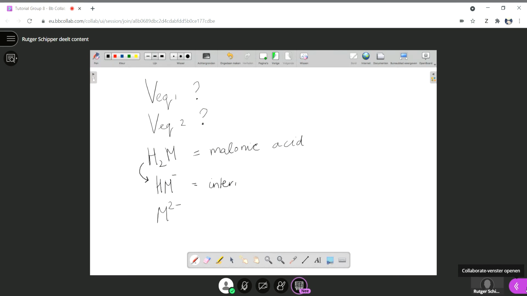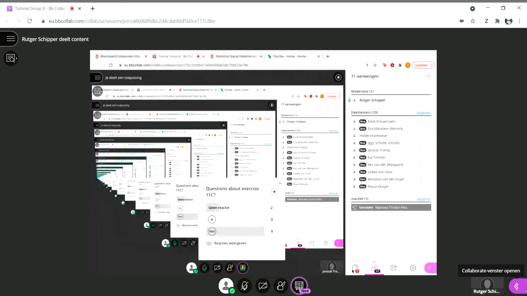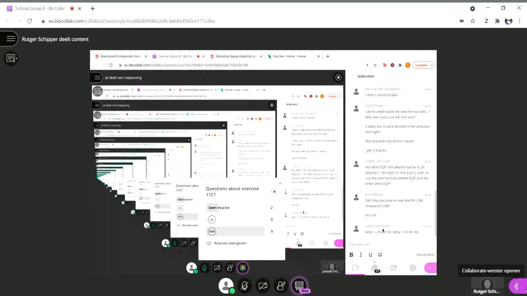Okay, guys. So there's an easy way to check whether you can treat it as a monoprotic acid, and that is by dividing the first acid constant by the second acid constant. So there's a question. So Lopke already calculated the equilibrium points very well.